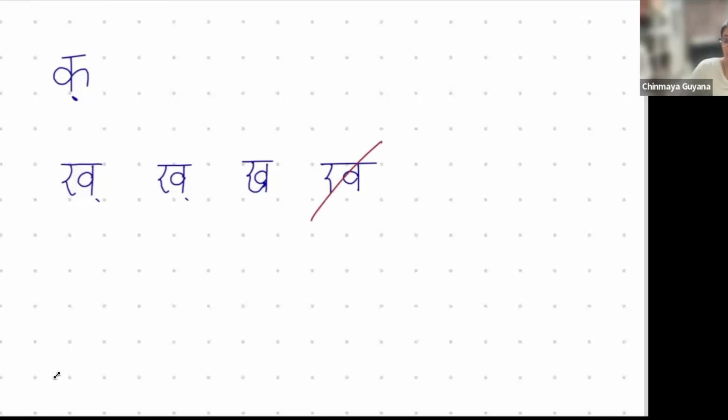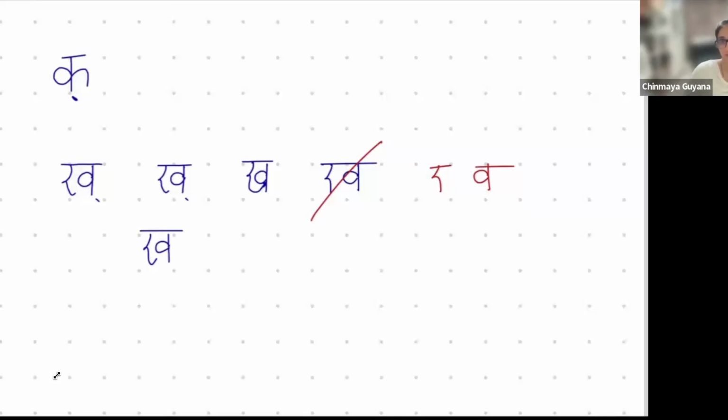Because after a few days, you'll see there is one letter that looks like this, and there is one letter that looks like this. So if you write them far apart, you will mix them up with two letters, right? So you put them close together. I like to write this part with a little tail going up, so I know that it is this letter.